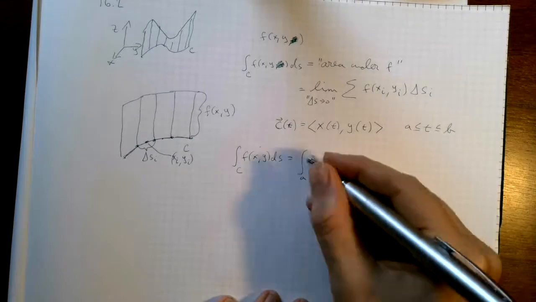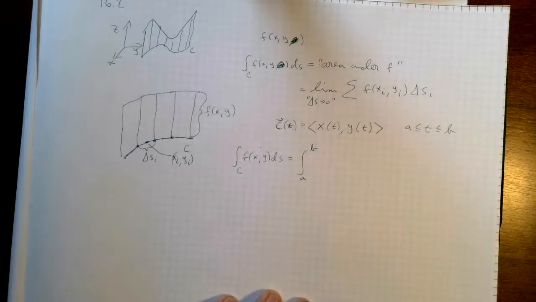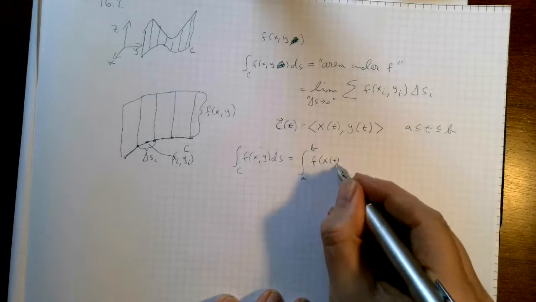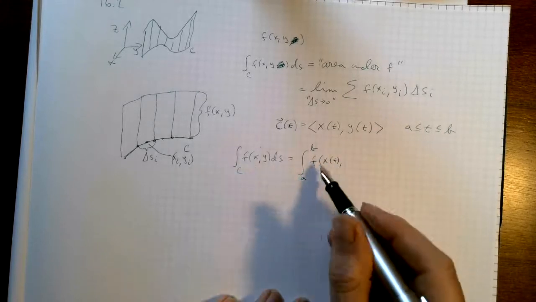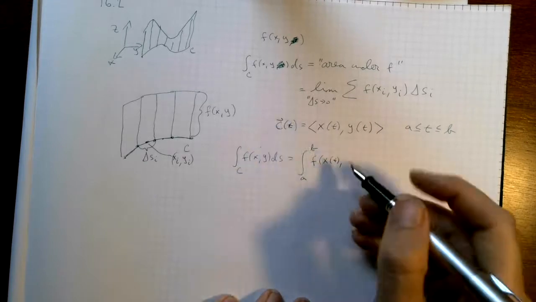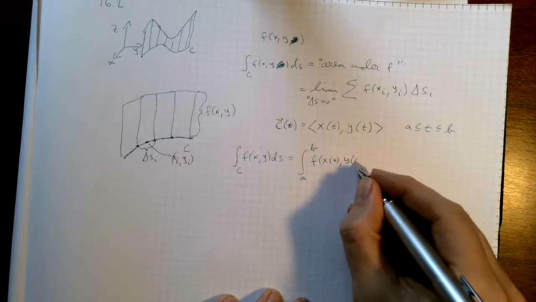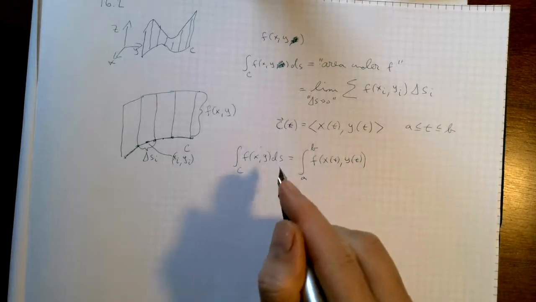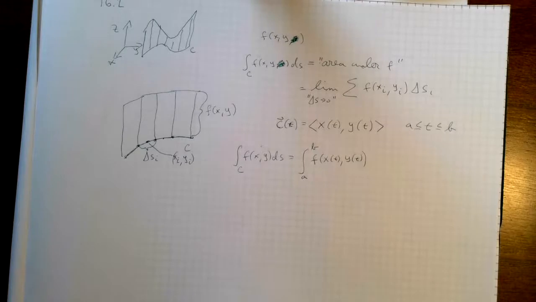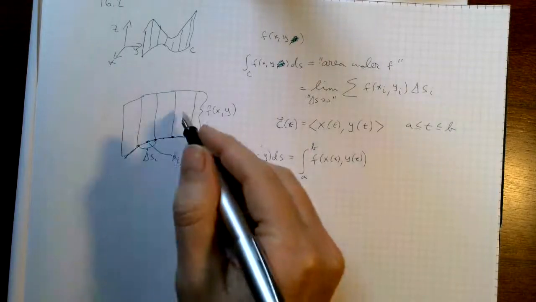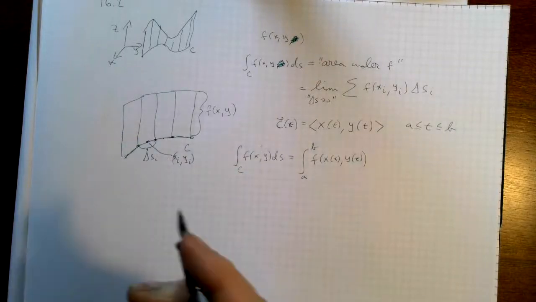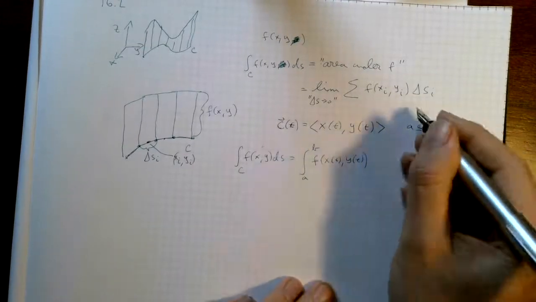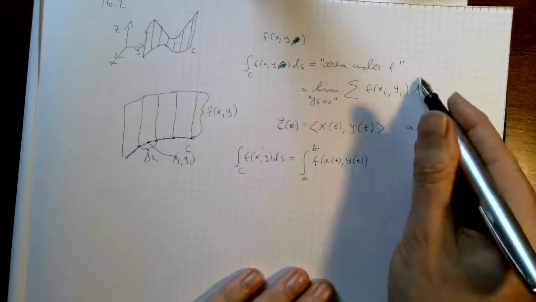So we're going to go from a to b, and then we're going to plug in f of x of t, y of t, because we're going over this curve, so we're plugging in points that are on the curve. Now we want to figure out our ds. Now ds is supposed to be in units of length, right? It's supposed to be area, basically, or at least in one of the applications, it's area. So I want to figure out what this ds is.